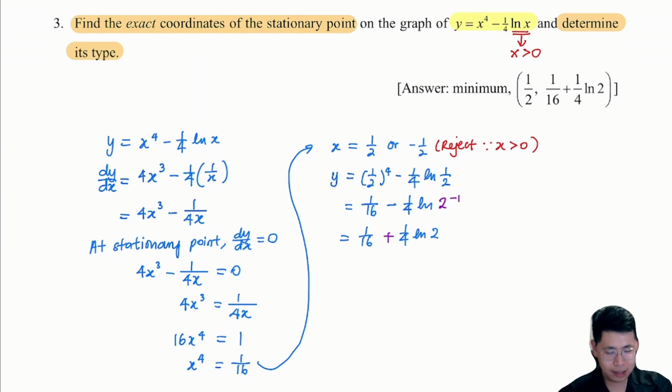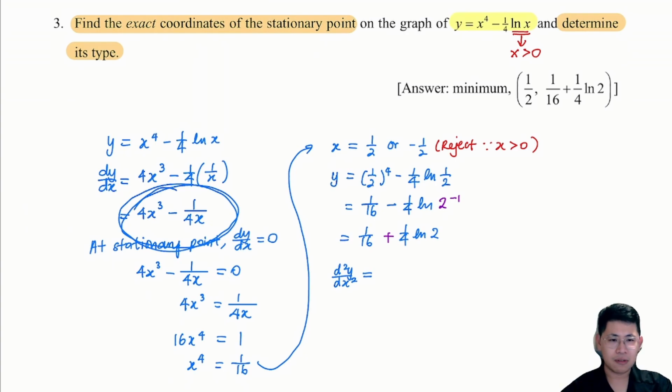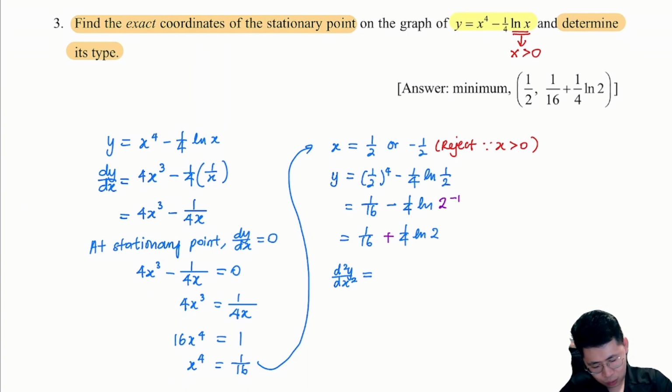Now we need to test and see whether it is a maximum or minimum. We need to test for the type, so we will need a second derivative. Or actually, if you want, you can test using the first derivative test, but you observe that this one is very easily differentiable. So I'm going to write this as 4x cubed minus, okay, common mistake, 1 over 4 is the constant.